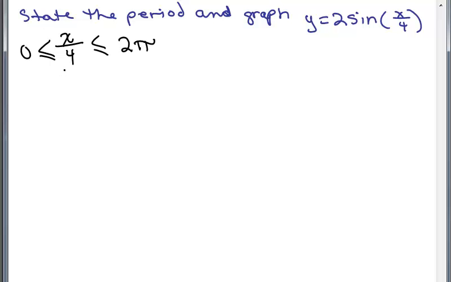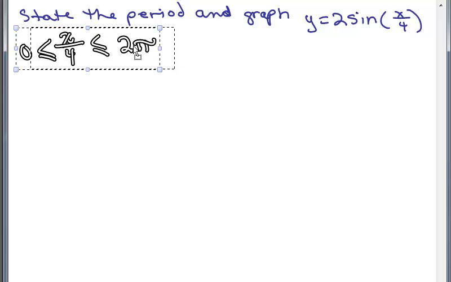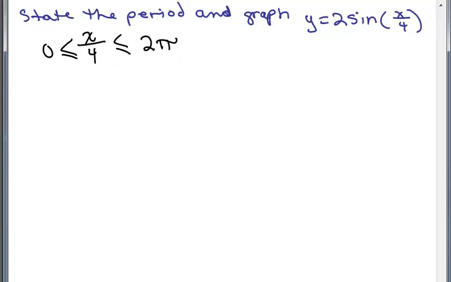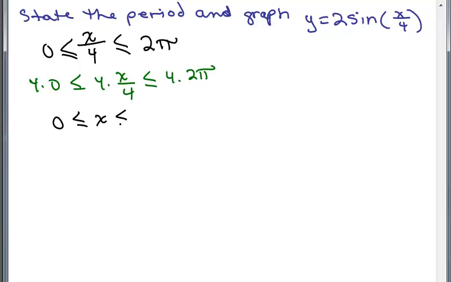So then we have to multiply all sides, all 3 parts by 4, to solve for x. Right, so that gives us 0 is less than or equal to x is less than or equal to 8 pi. So the period goes from 0 to 8 pi.